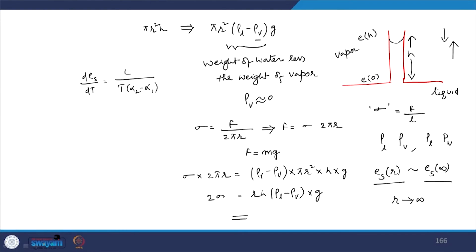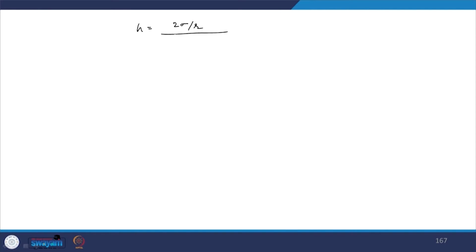So we can write h equals 2 sigma by r divided by rho L minus rho V times g.